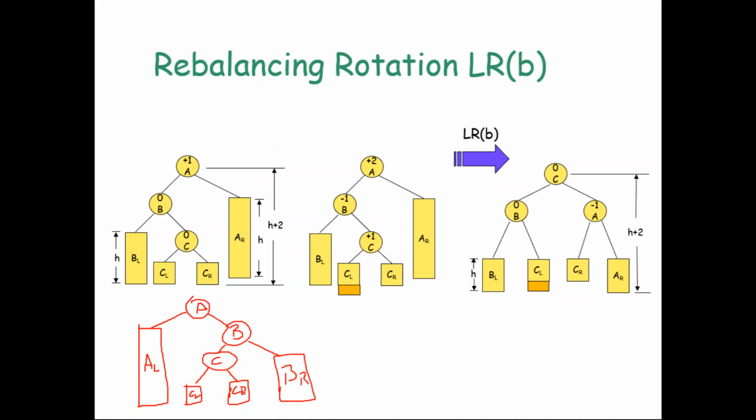Two cases you can discuss. One is that you perform an insertion in CL, and in that case, how will you perform the right-left rotation? The second case is performing the insertion in the CR part.